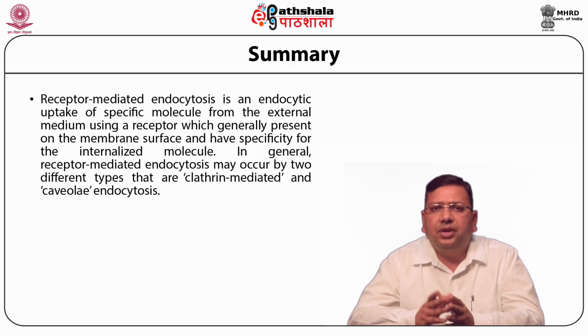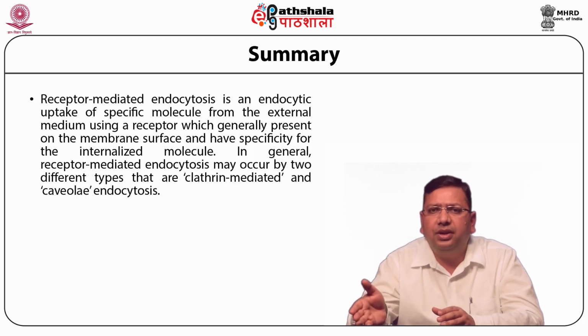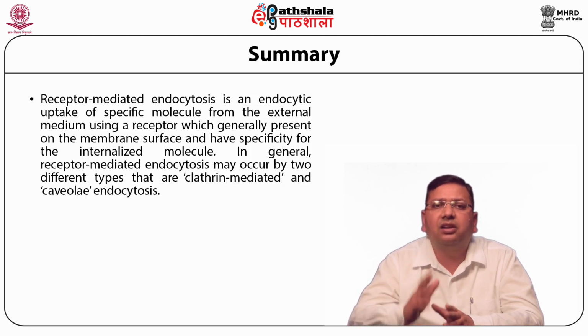Lastly, receptor-mediated endocytosis is the uptake of a specific molecule from the external medium using a specific receptor, which is generally present on the membrane surface and has specificity for the molecule which has to be internalized.